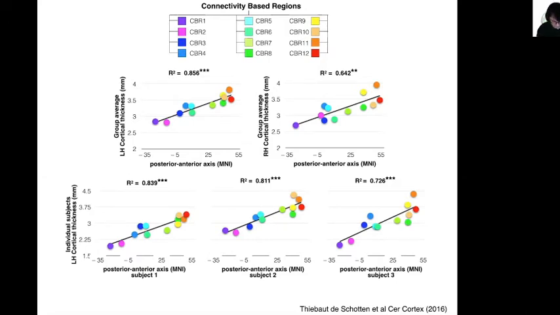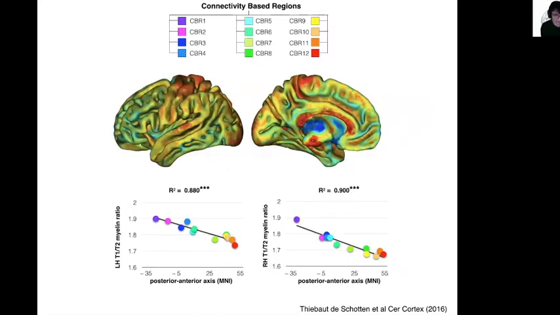Using neuroimaging and cortical thickness, I also see a progressive decrease of myelination, with anterior regions in the frontal cortex that are the least myelinated in the brain, and the posterior regions of the frontal cortex that are the most myelinated in the brain.